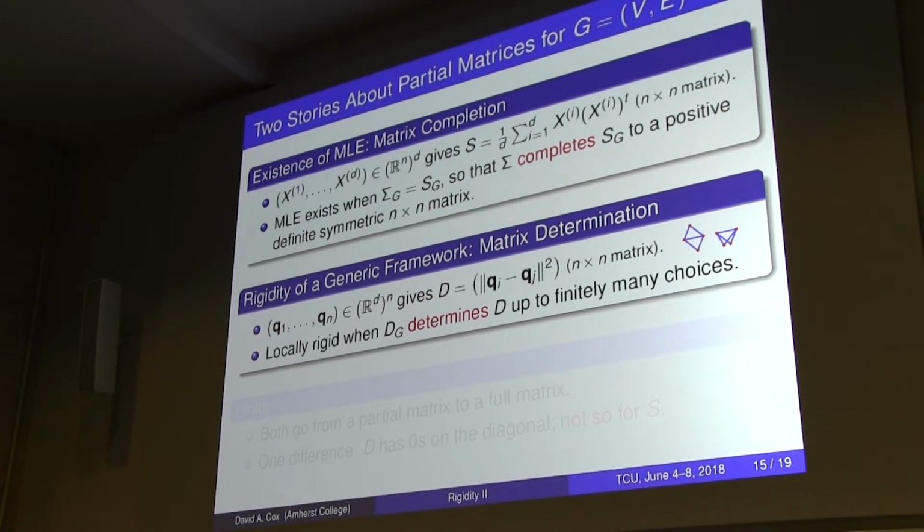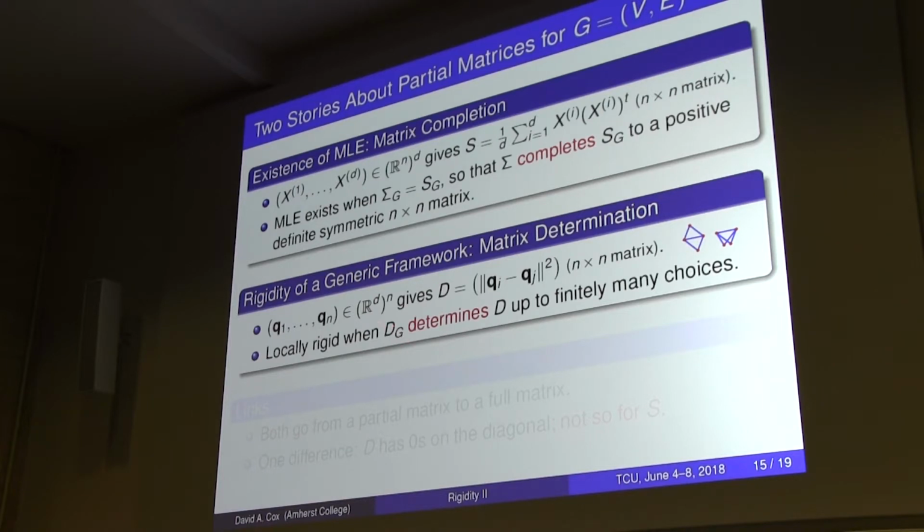I can think of this as a matrix determination problem in the following sense: suppose I have a framework for some graph, and I get a full n-by-n matrix of these distances, but I only really care about the ones that come from the edges.